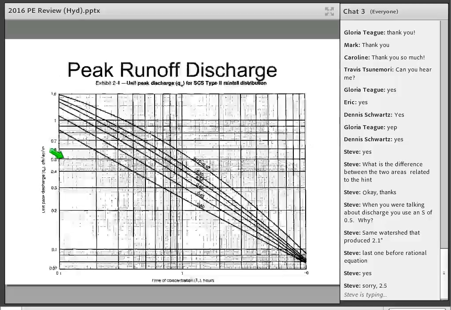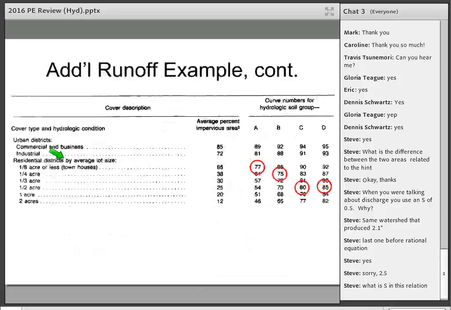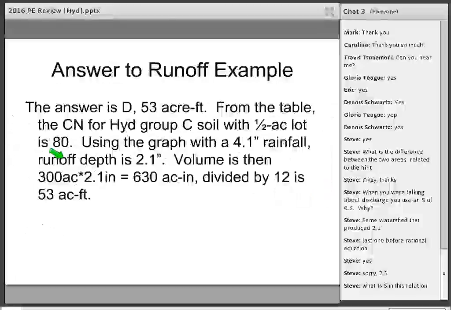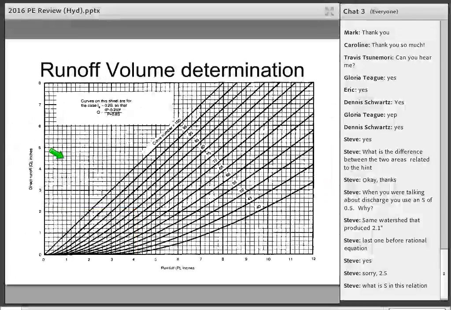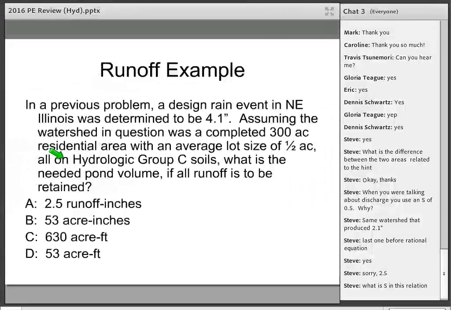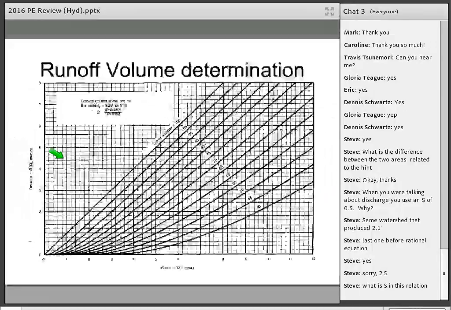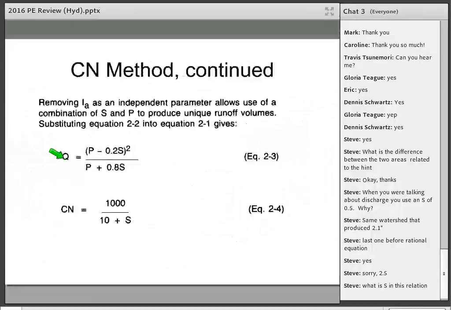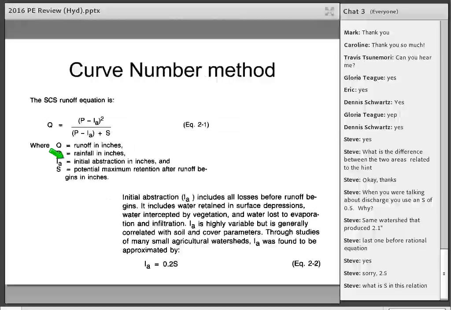Let me back up to an equation here. Let me show you why, because there's an equation for S. Remember, curve number was 80. Okay. Combination of S and P. Let me back up one more. Potential maximum retention after runoff begins, in inches. Okay.